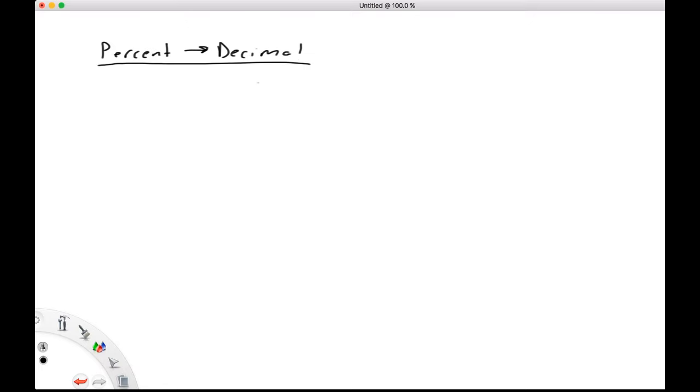And so you might imagine that if going from a decimal to percent means multiplying by 100 or sliding 2 decimal places to the right, going in reverse will mean that we have to divide by 100 or slide our decimal 2 places left.